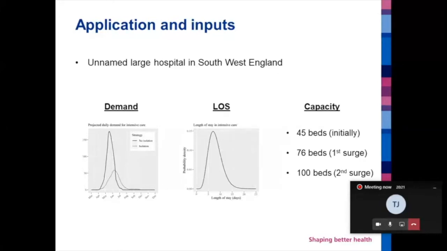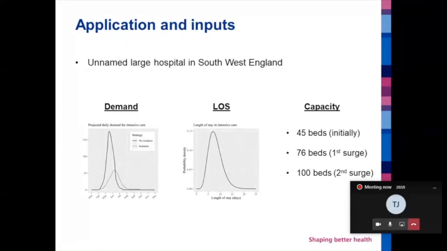And on the left-hand side there, these are basically the inputs. So we need to know the demand, how many people are demanding intensive care admission per day. And we've locally interpreted, as I think a lot of us have, the results from the Imperial College report according to the different strategies: no social isolation, home quarantine and social distancing for over 70s, and the isolation strategy, which assumes those take place, in which case we can expect a lot fewer intensive care demand.